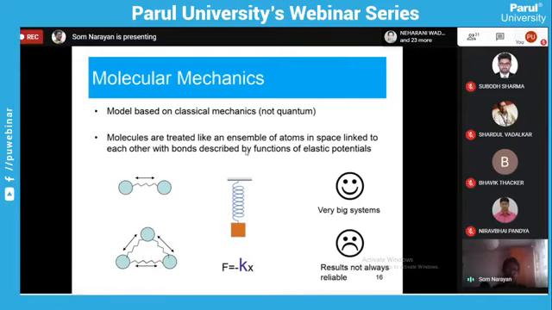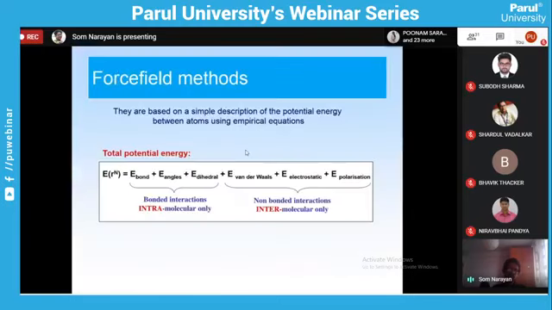So it is very good for a very big system, but sometimes the results are not so reliable, as we need to give more parameters to properly describe the system, and then we get an accurate result. So what are the parameters I'm talking about? The parameters we are talking about are called the force field.